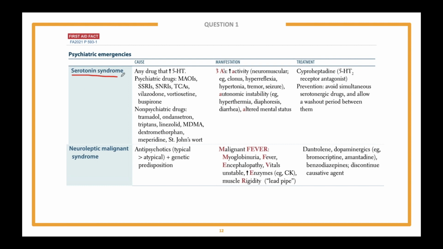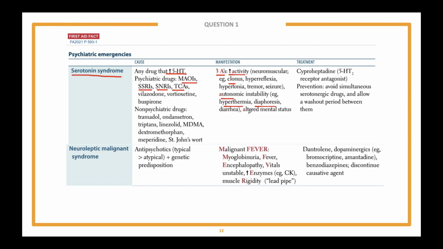So any drug that increases serotonin: SSRIs, SNRIs, tricyclic antidepressants, monoamine oxidase inhibitors, okay, and we'll talk about that in just a second. So manifestations: clonus, like our patient, and autonomic instability, okay, our patient was also diaphoretic and hyperthermic, okay, she had a fever.